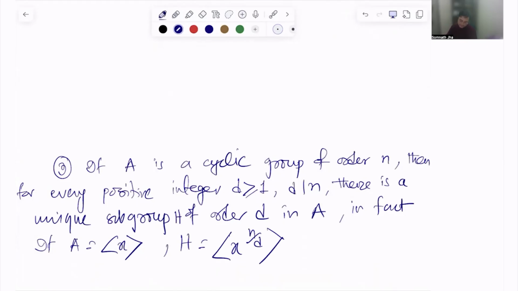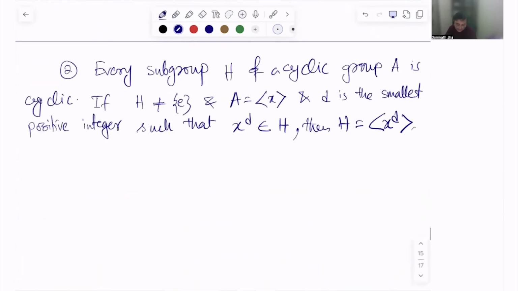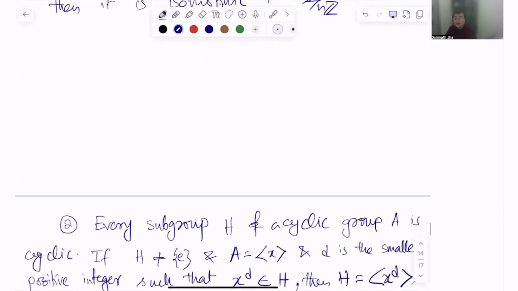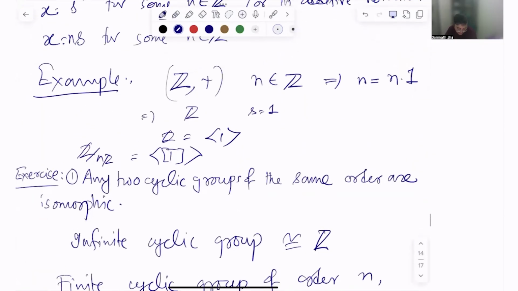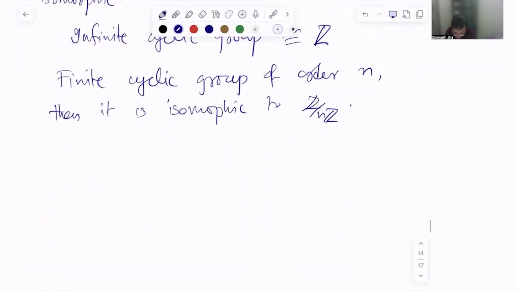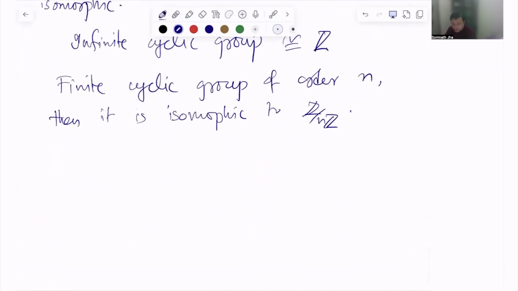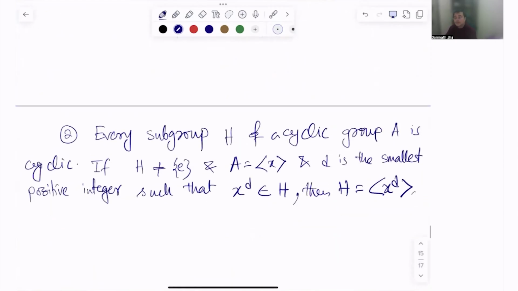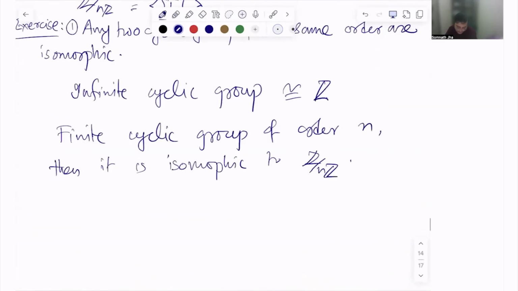So if you have a finite cyclic group, as I said, it is isomorphic to Z mod nZ, and the order of the generator will be the same as the order of the group, where order of the group refers to the cardinality of the group. So there are two things we are proving here.